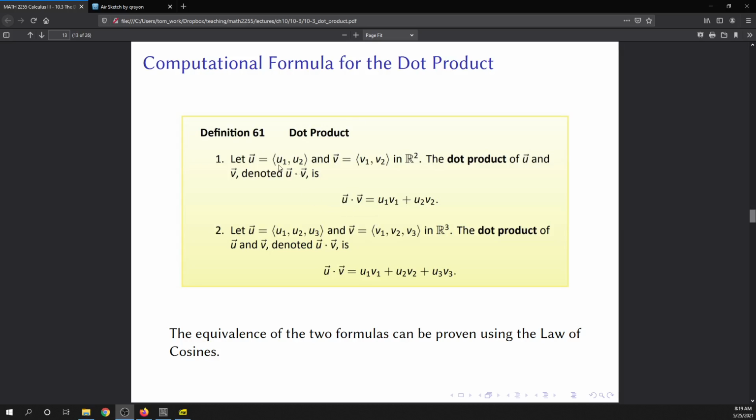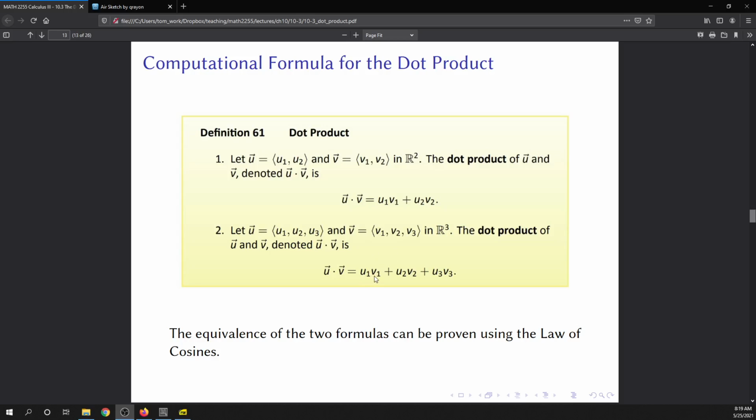And here you can see if I have two vectors, u and v, and the components of u are u1 and u2, and the components of v are v1 and v2, then the dot product of u and v is u1 times v1, the product of the first components, plus the product of the second components. And it's very similar for space vectors.